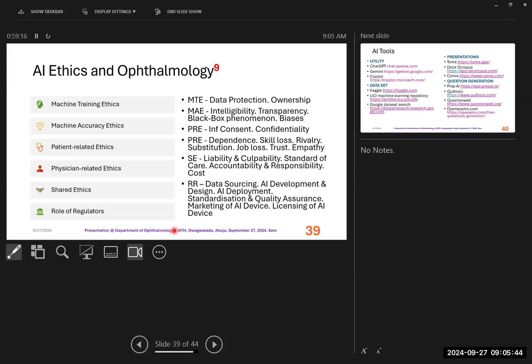Then the issue of data sourcing and AI development design is also an ethical issue. Then standardization. Though, like I told you, AI is still evolving. How do you standardize AI? Are you going to make AI-generated information the gold standard, or are you still going to be using human applied knowledge as the gold standard?